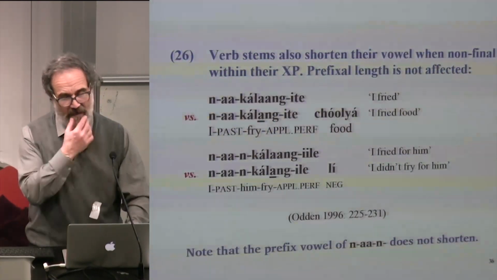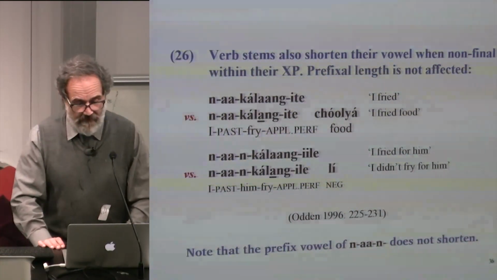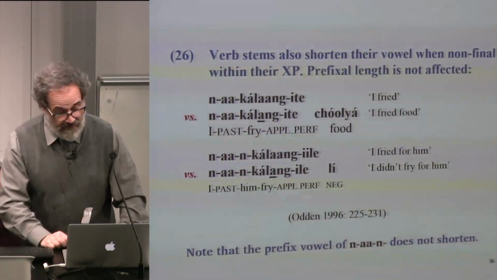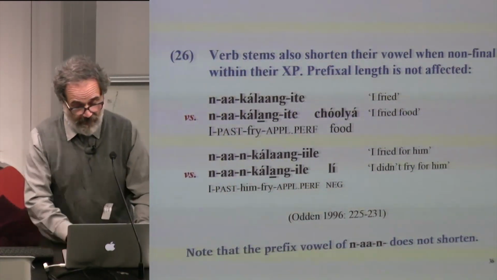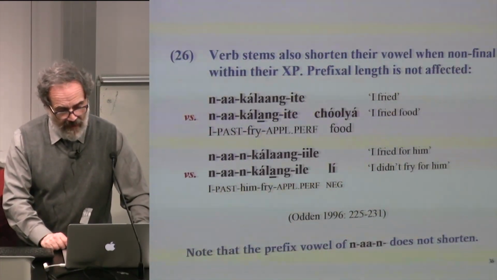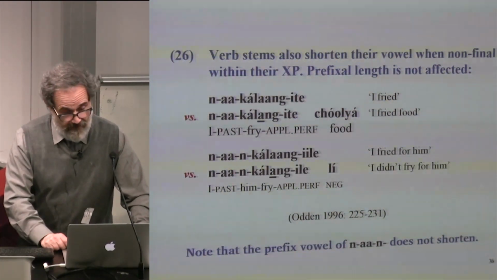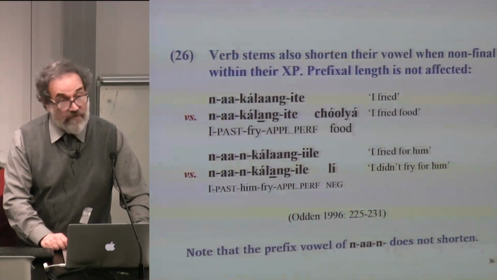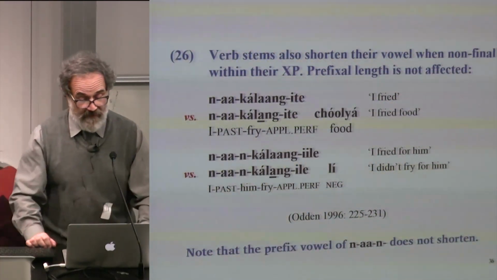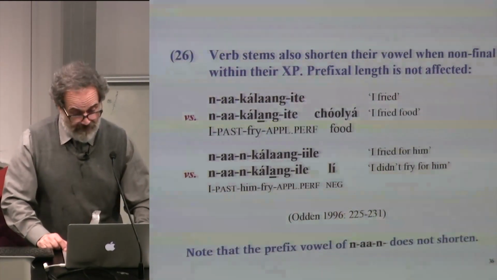Okay, verb stems also shorten their vowel when non-final within their XP. Prefixal length is not affected in Kimatumbi. This is one of the variations. In Kimatumbi, they're not. You see the long vowel on na in these examples. But na kalangite, you have a long vowel in anti-penultimate position. When we add the word food, it shortens because now there's something following the verb. The verb is not final. So again, this is the phrasal shortening rule applying.